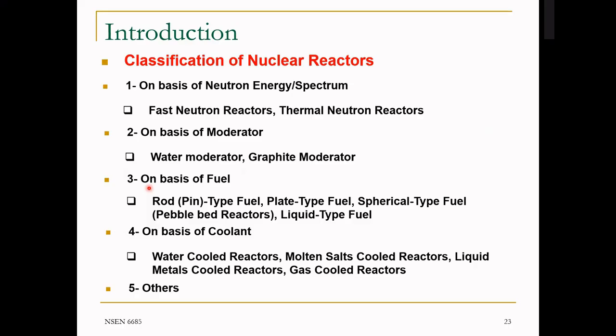It's going to break down, and it's going to produce more neutrons, and it's going to produce thermal energy. So it depends on the energy of that neutron hitting the nucleus. If the neutron is coming very fast, we call that a fast neutron reactor. If it's coming slowly, we call that a thermal neutron reactor. So we can classify the nuclear reactor based on the level of kinetic energy of the neutron.